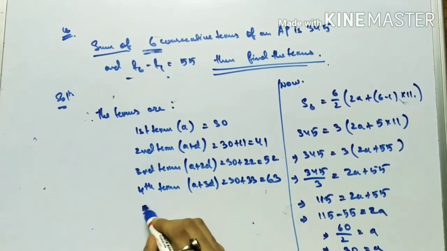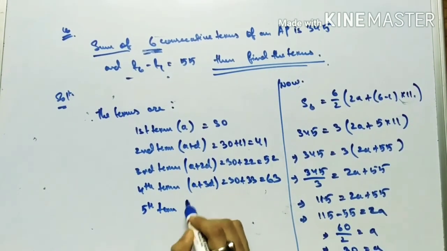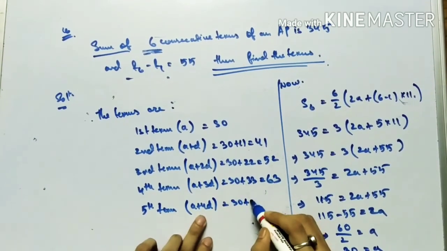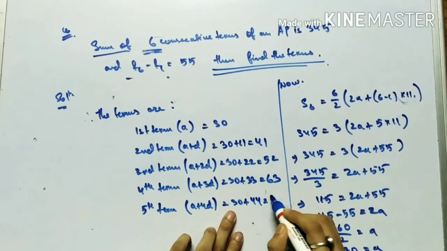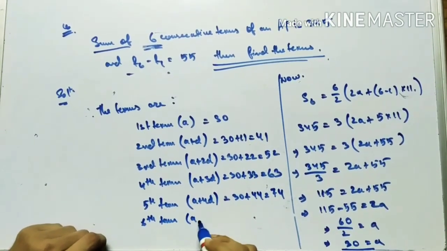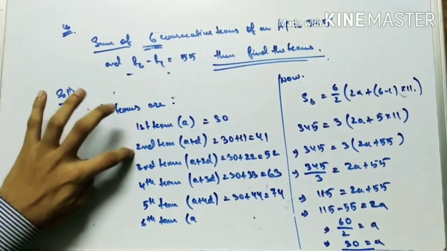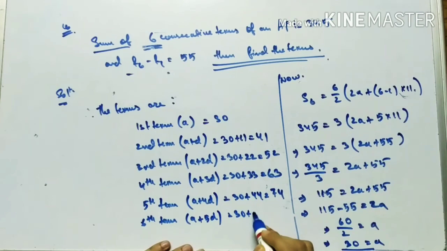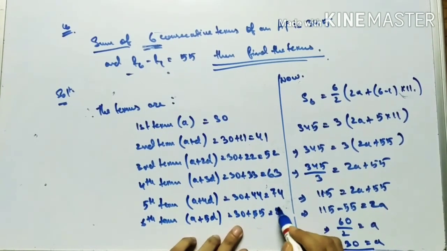And then the fifth term will be A plus 4D, which equals 30 plus 4 into 11, which is 44, so this will be 74. And then the last term, the sixth term, because there are 6 consecutive terms, 1, 2, 3, 4, 5, 6, is A plus 5D, which is 30 plus 55, which gives 85.